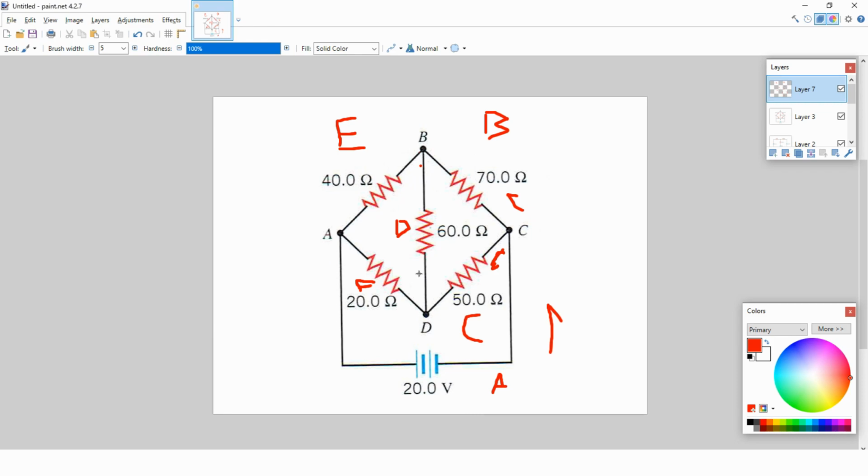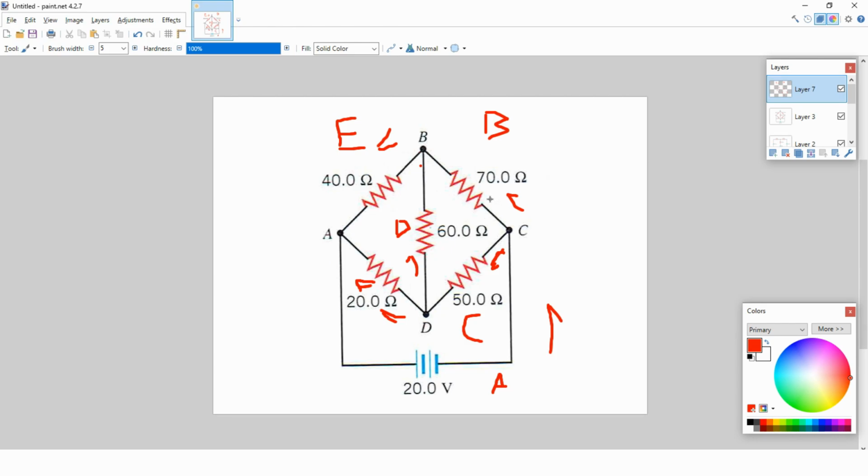Here I can draw it going this way and that way. So there, here, there, and here I can only go one way, so like this. Here we go, we finished the current flow. We have current flow going this way, this way, this way, this way, this way. So we have our current flow.